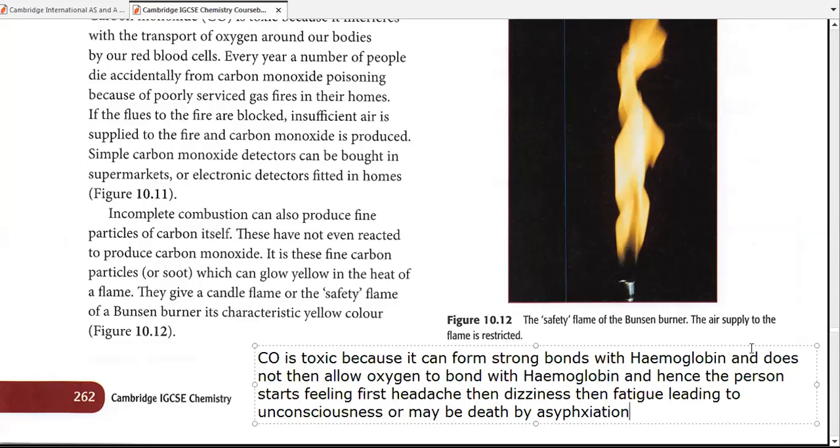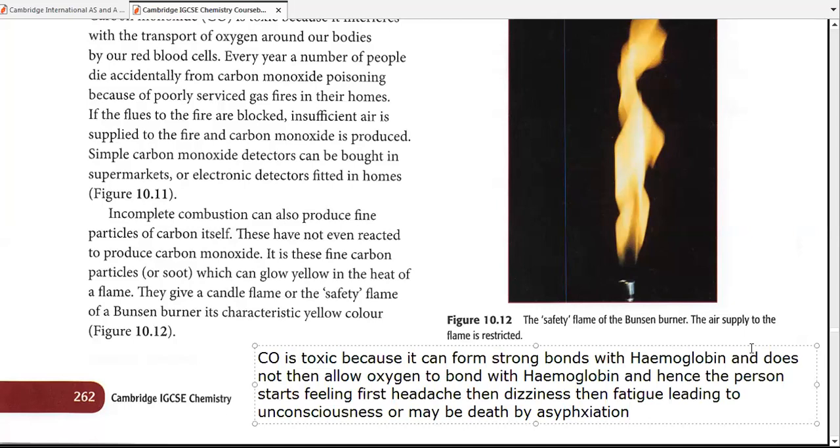Now, let me go through that again. Carbon monoxide is toxic because it can form strong bonds with hemoglobin. I hope you're familiar with hemoglobin from your biology book, being a transport protein present inside the red blood cells of our blood. Because of the red color of hemoglobin, the blood cells are red, known commonly as red blood cells, RBCs.